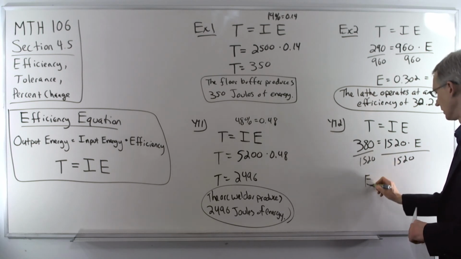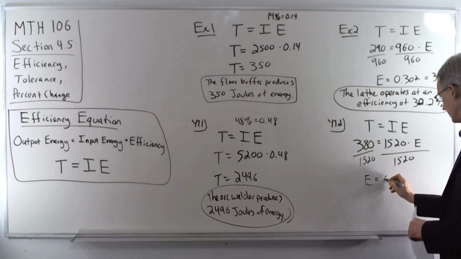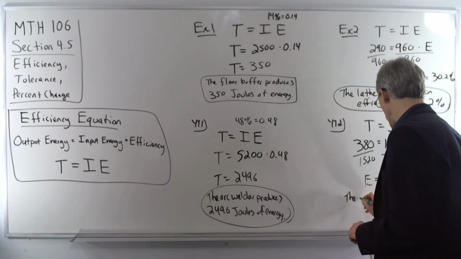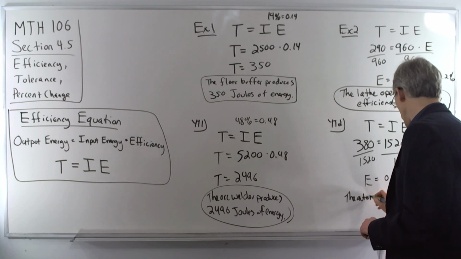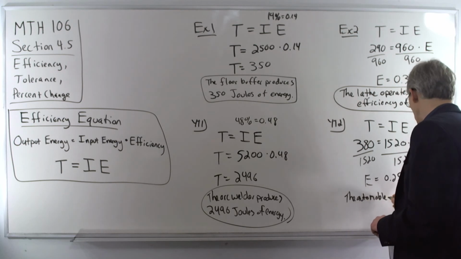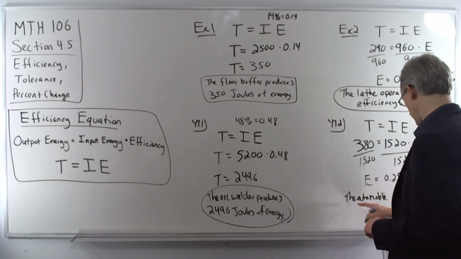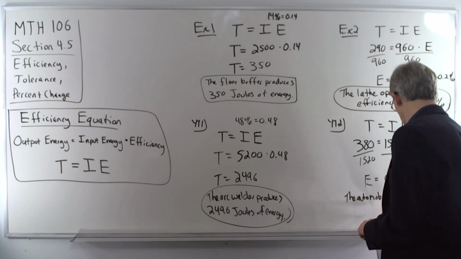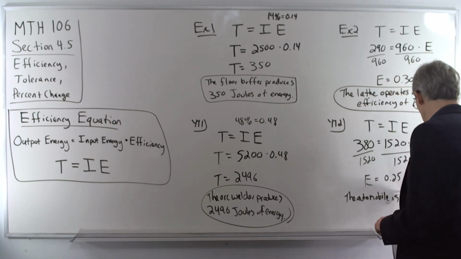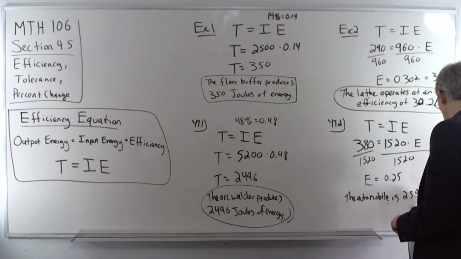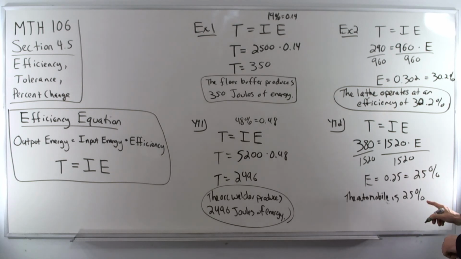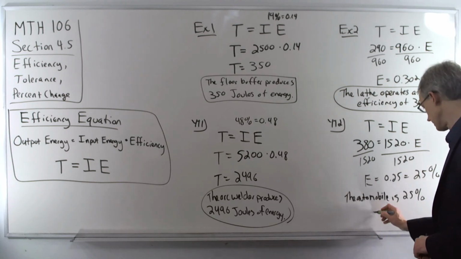And E equals 0.25. All right, if we convert that to a percent, move that decimal to the right, we get 25%. So the automobile is 25% efficient.